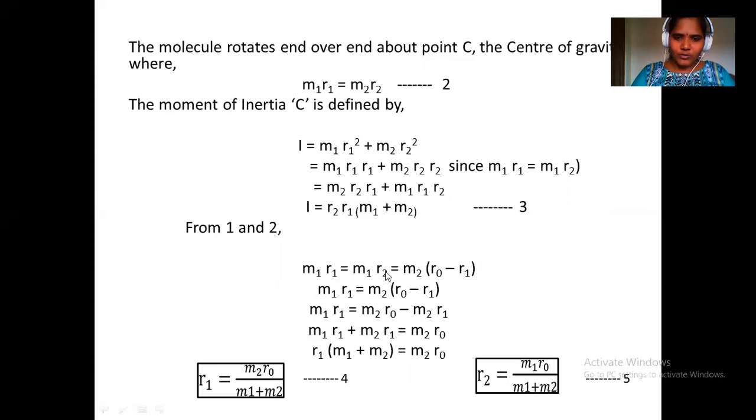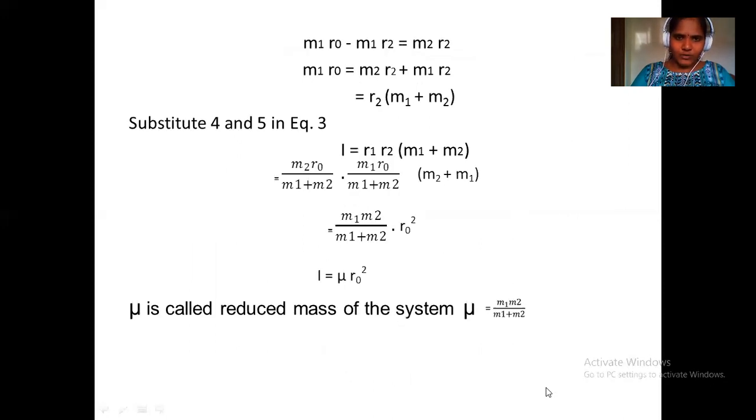Upon simplification, R1 is equal to M2 R0 by M1 plus M2. Similarly, substituting R0 minus R2 instead of R1, you get R2 equal to M1 R0 by M1 plus M2. So you have got the R1 and R2 values.